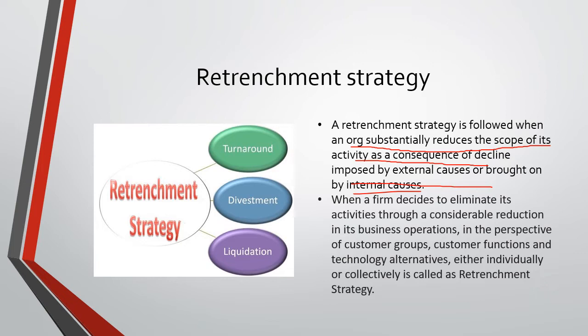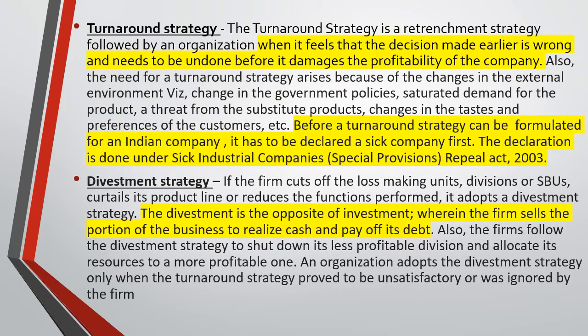When a firm decides to eliminate its activities through a considerable reduction in business operations, in the perspective of customer groups, functions, and so on, either individually or collectively, it is called the retrenchment strategy. There are different types of retrenchment strategy: turnaround strategy, divestment strategy, and liquidation strategy.